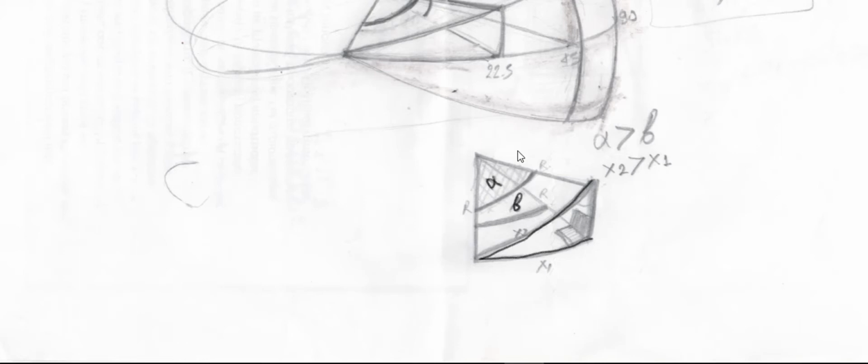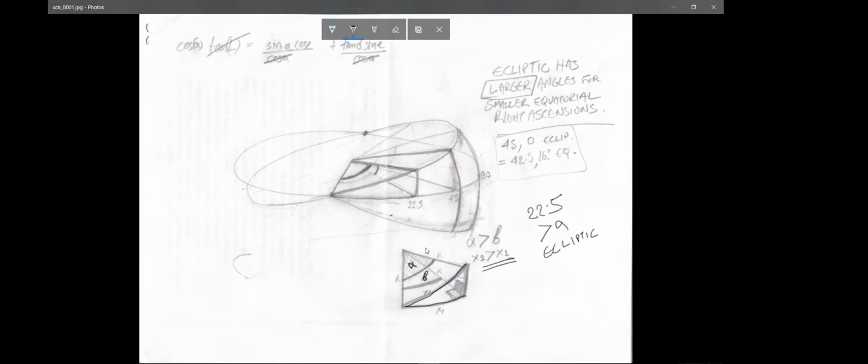Obviously, alpha is larger than beta because x2 is larger than x1. So for a given angle, 22.5 let's say, on the equatorial, there's a larger angle on the ecliptic. So we need a transformation from equatorial coordinates to ecliptic coordinates in order to achieve what we need.